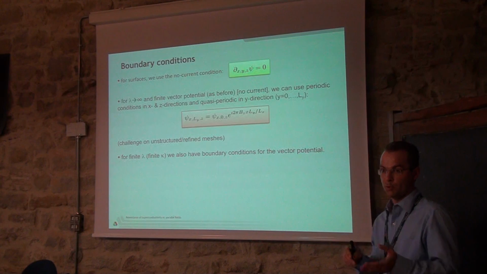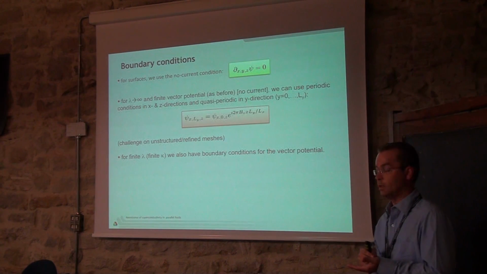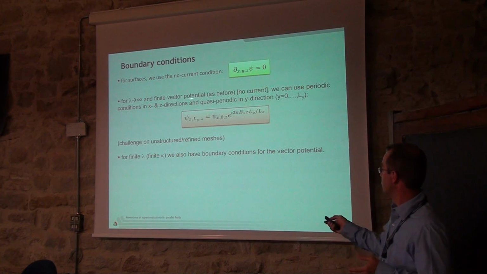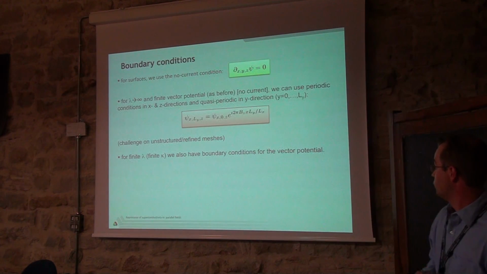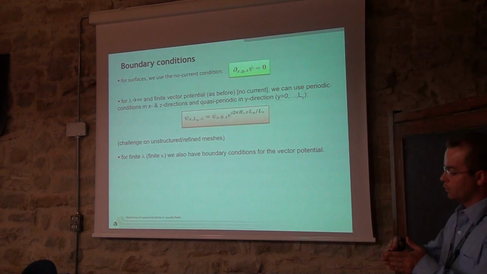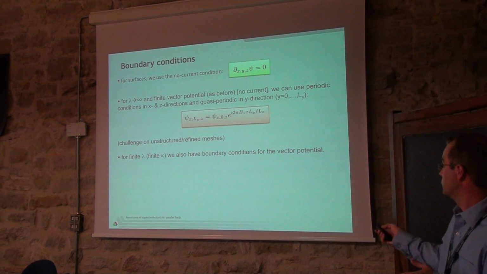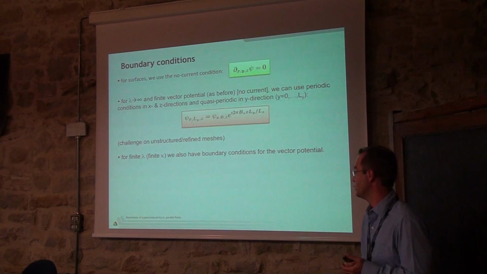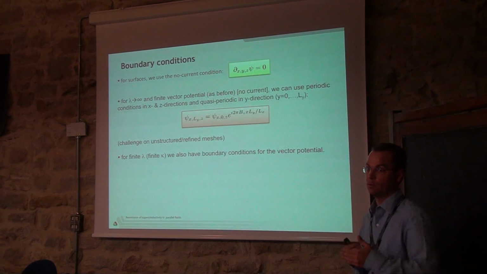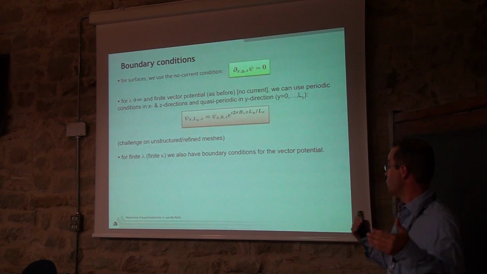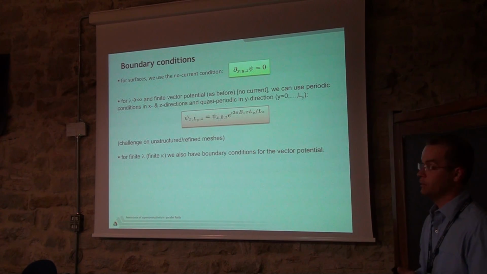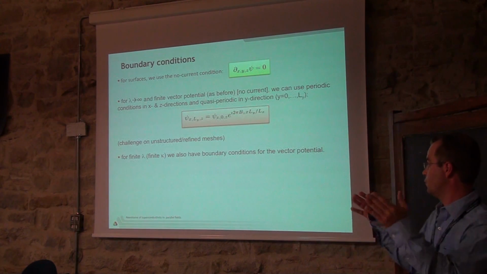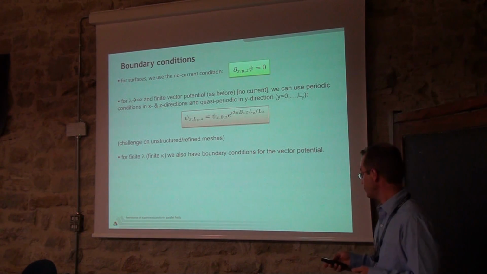But this is not always possible for a given magnetic vector potential, so you have to prescribe something called quasi-periodic boundary conditions, where at the boundary the phase of your order parameter has to make a jump, which is related to the applied magnetic field. The same happens actually also if you have a finite current applied, then you have additional phase factors at the boundaries if you want to have a periodic system.